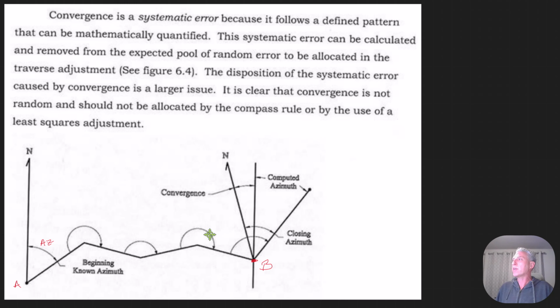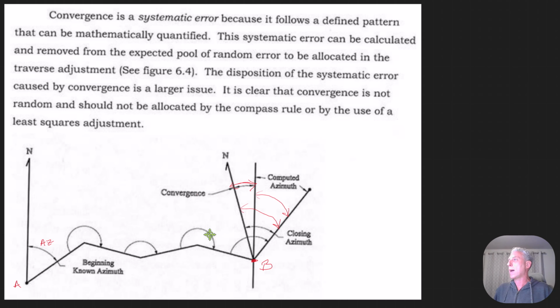And when we get over here to B, you can see we've accumulated some convergence that we're going to have to account for. And then our computed azimuth would be this right here. So it would be our total azimuth that we computed, closing azimuth, minus the convergence. And remember, here, convergence is, what is it?